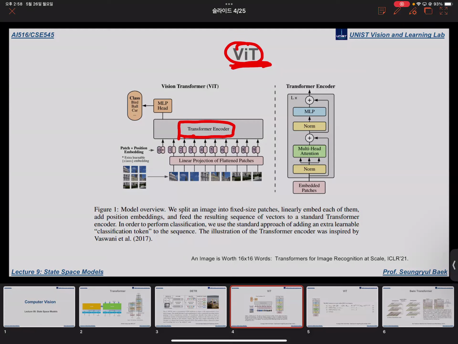So this is our input to the transformer encoder. Then we apply normalization and multi-head attention, maybe MSA, and we apply MLP. This kind of architecture is applied multiple times, L times, for the intermediate responses. And at last, we apply another normalization and predict the output. So this is the ViT encoder.